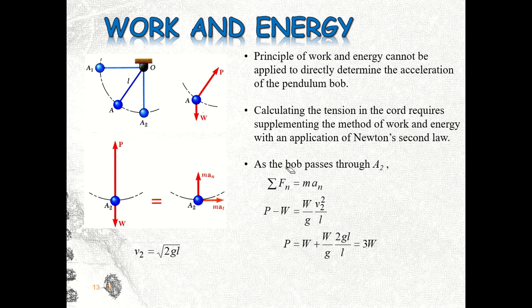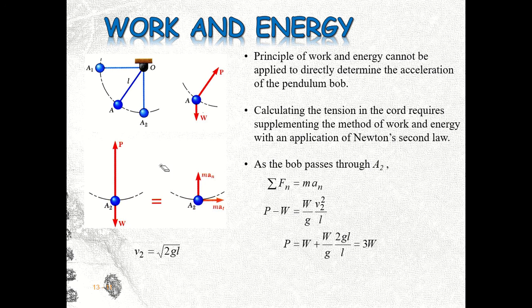Right, so as the bob passes through A2, because this is a pendulum, it moves. When it passes through this one, we have the summation of forces, normal force equal to mass times the acceleration that is normal to the path of the movement of the pendulum.